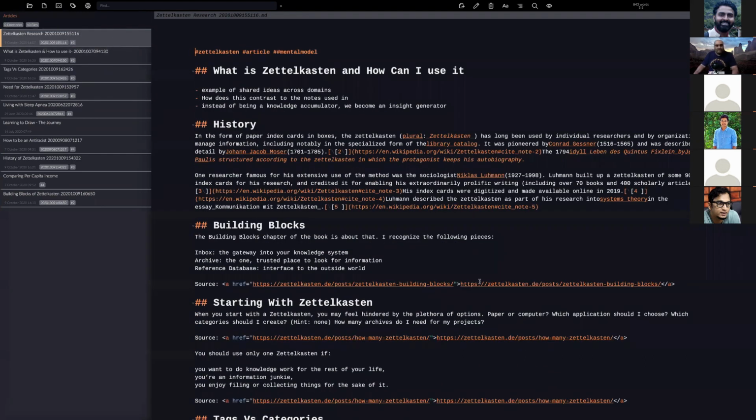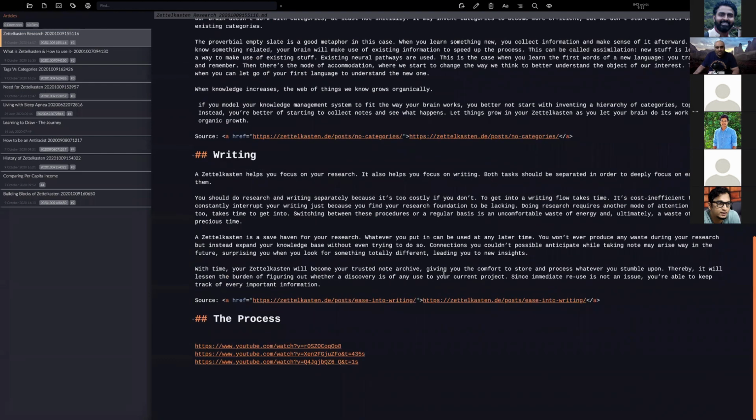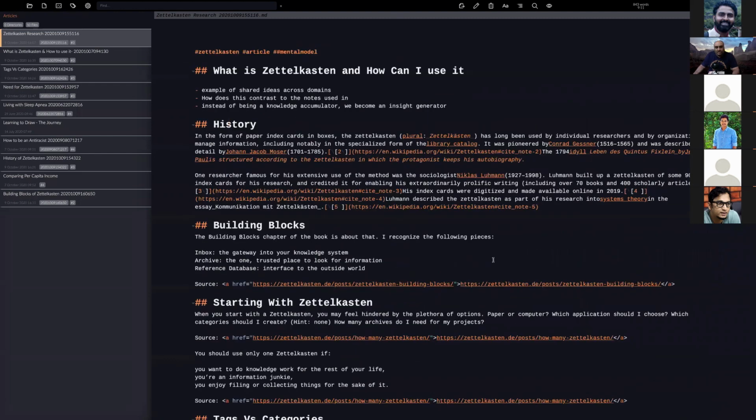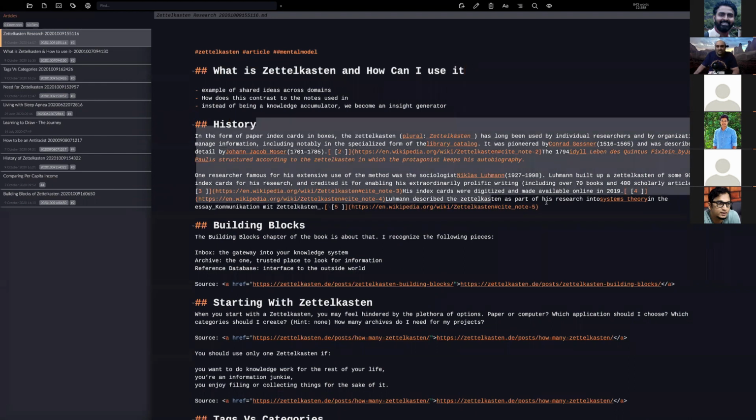So when we start off, I say we need to have a literature note. Let's say this is my literature note. What I have done here is I have copy pasted a lot of stuff from across the intertubes, in a form that I thought was relevant for me. I just wanted to see what is Zettelkasten, and then I went and searched Wikipedia.